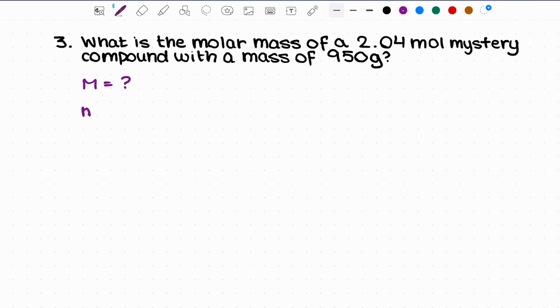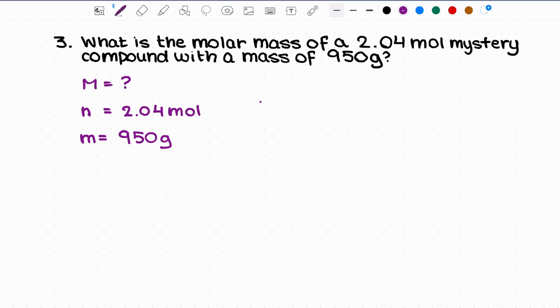What they do tell us is that we have 2.04 moles of this mystery compound, and that mystery compound has a mass of 950 grams.